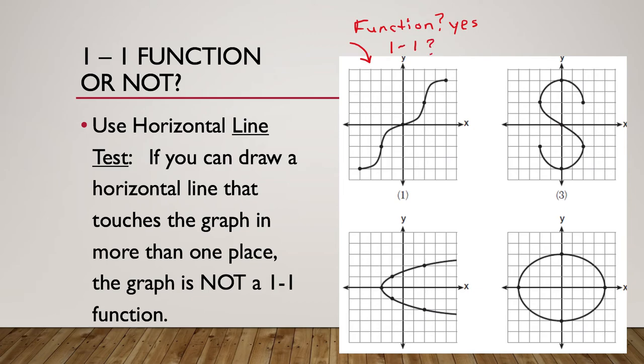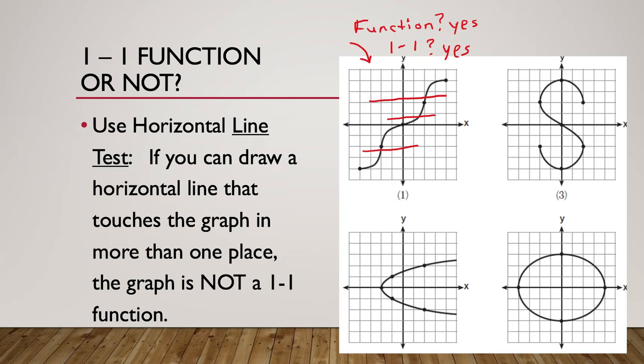To determine that, I'm going to draw my lines across. And as long as I only cross the graph in one place, it does qualify as a one-to-one function. And I can see that regardless of where I draw that line, I'm only crossing the graph in one place. So this is a one-to-one function. My other three examples would not be one-to-one functions because they're not functions at all. Remember that a one-to-one function is a particular type of function.